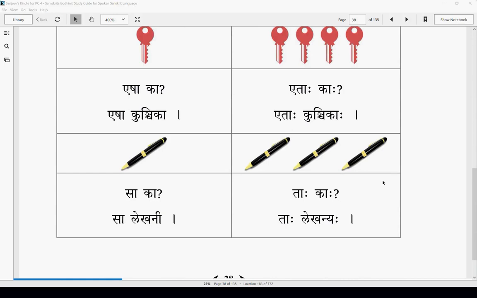Here, see, there's Lekhani. The words ending in long e will change like this. Lekhanya: the last e will change to nyaha. So basically, what is happening here?